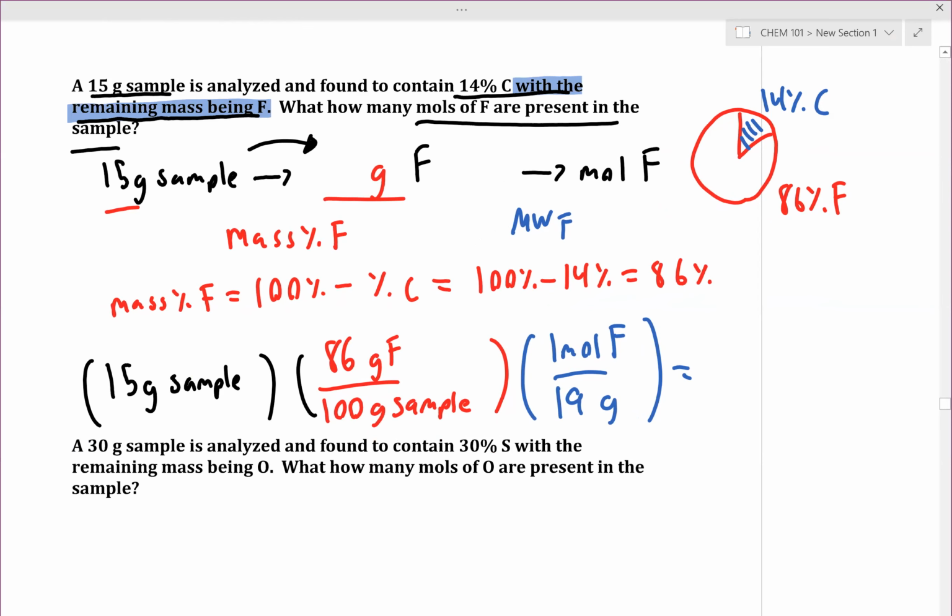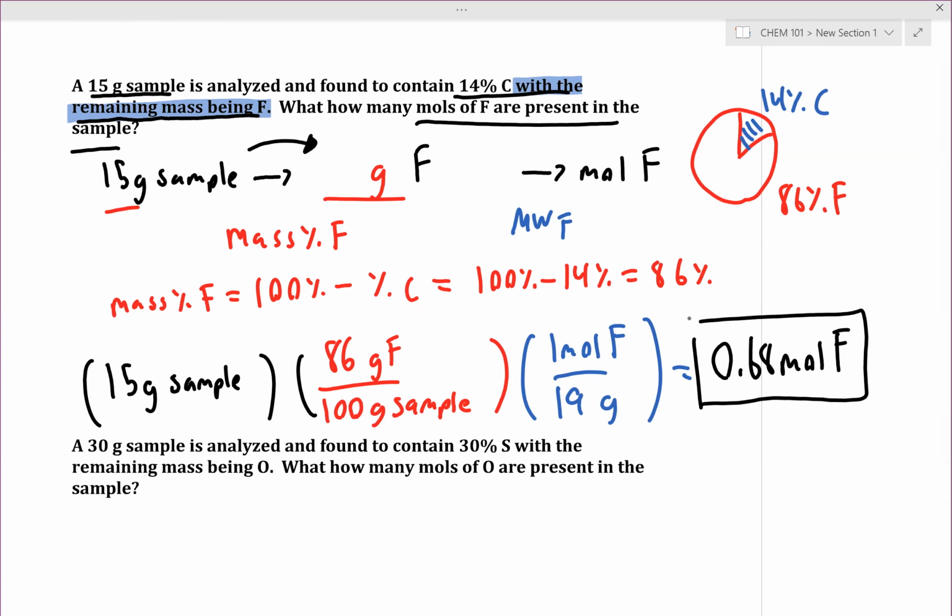And we should get, in the end, about 0.679. And let me tab out so that we can see the main screen. So we end up with about 0.68 moles of fluorine. There we go. Any questions on this?